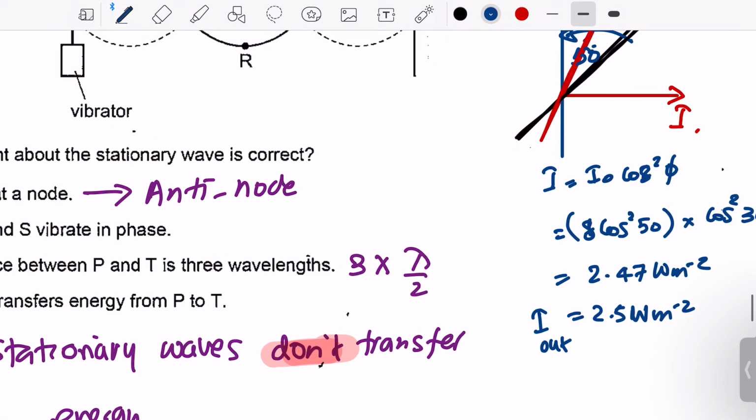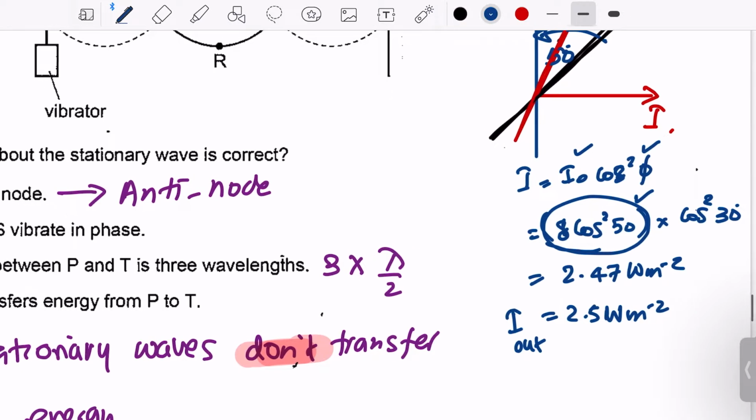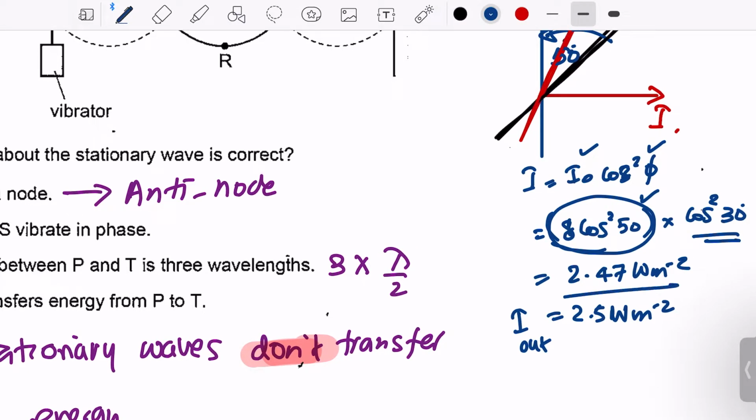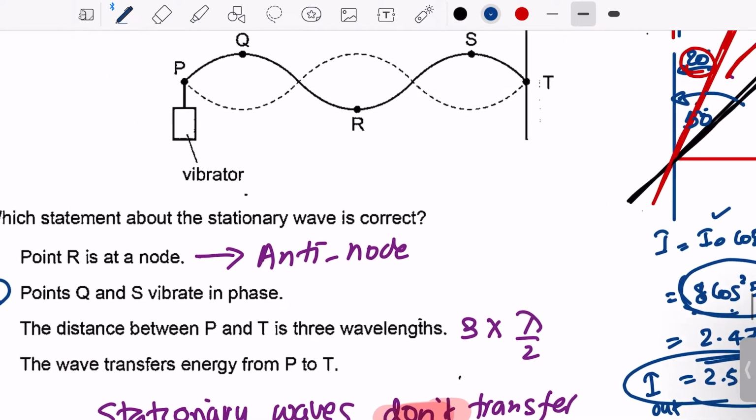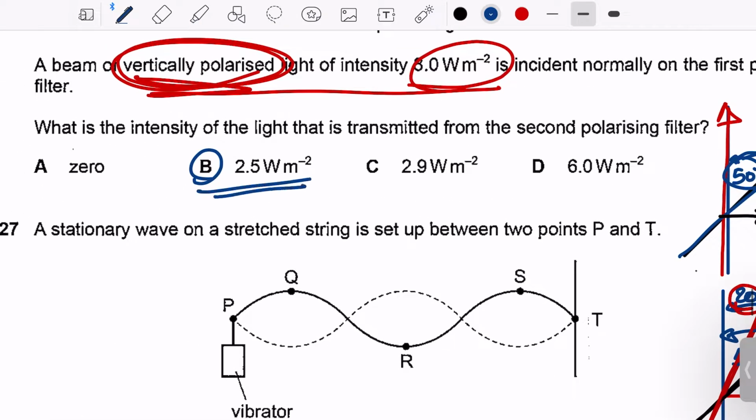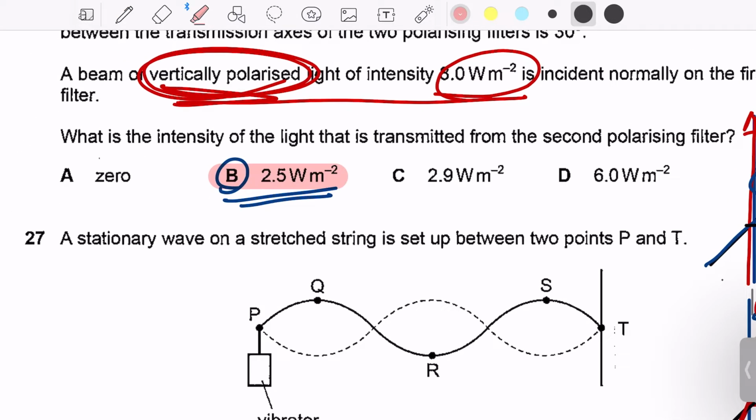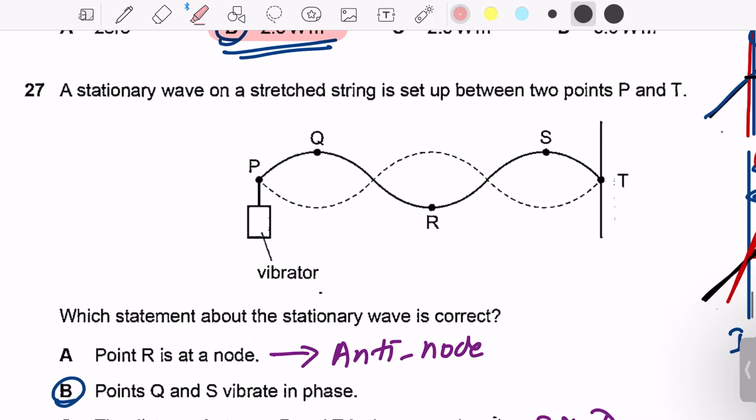So again I use I equals I naught cos squared phi, but this one is the filtered light, I mean the first polarizer sends this much intensity and it will be cos squared 30. If you do the calculation, 8 cos squared 50, cos squared 30, 2.47, or rounded up to 2.5 watt per square meter. So question number 26, the answer is B.